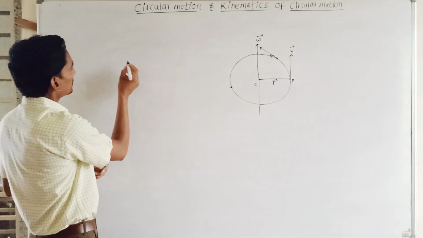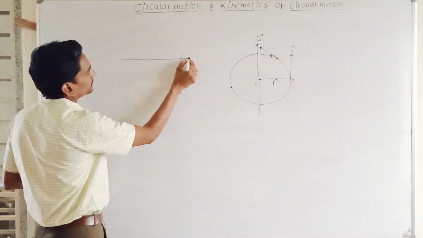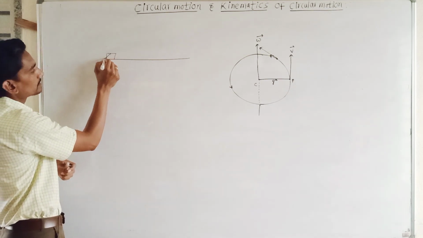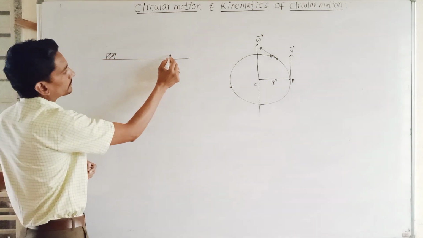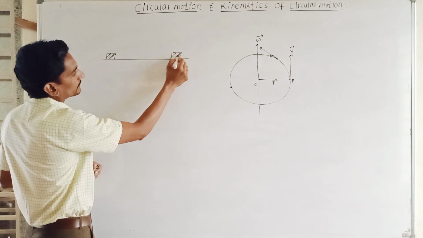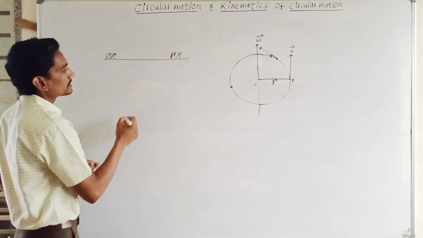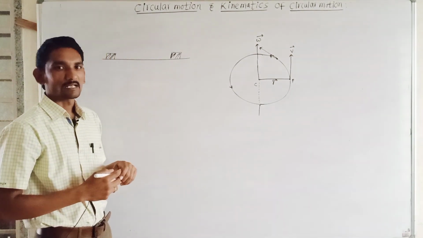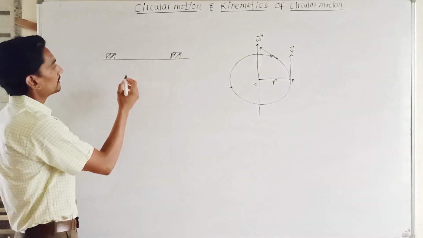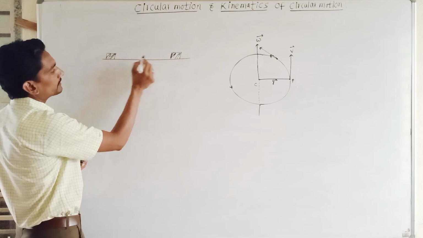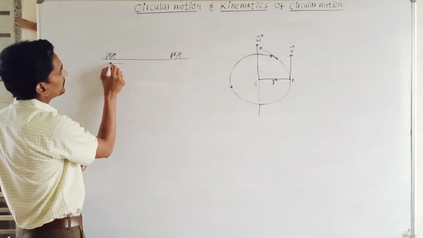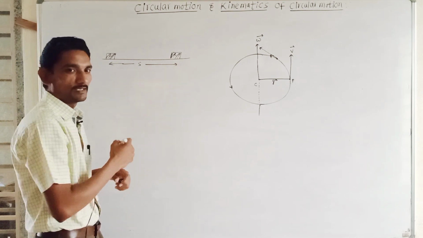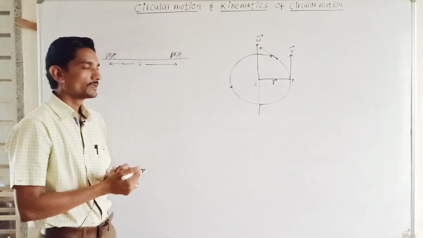Suppose this is the linear path and along this path the object is moving from this position to this position. Which physical quantities do we have to describe to explain the translational motion? That is the displacement, the displacement between these two positions.